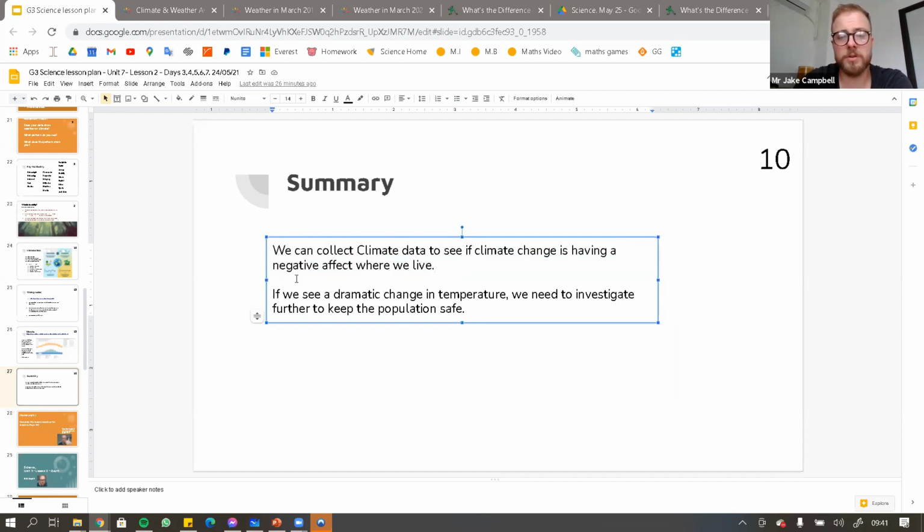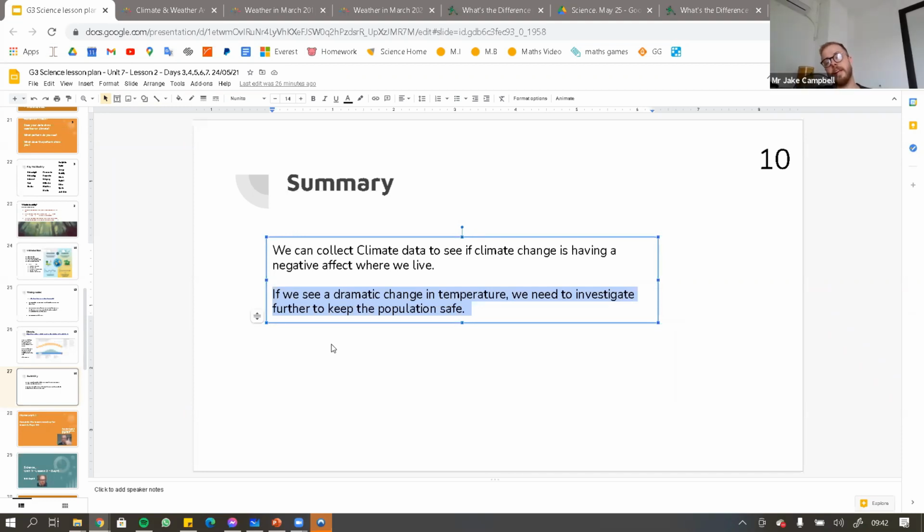All right, Ocean, can you read the last one? If we see a dramatic change in temperature, we need to investigate further to keep the population safe. That's it. Good.